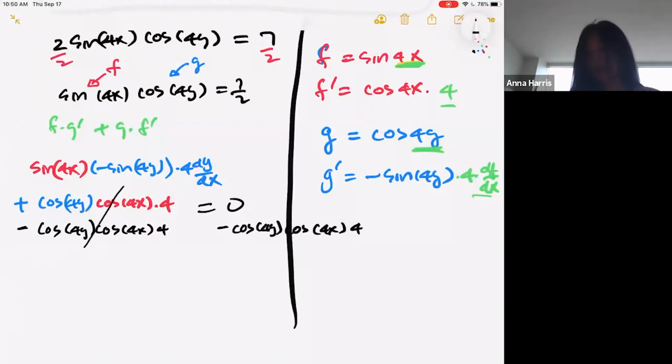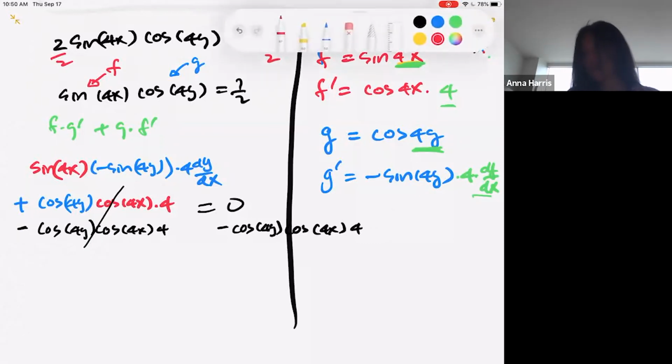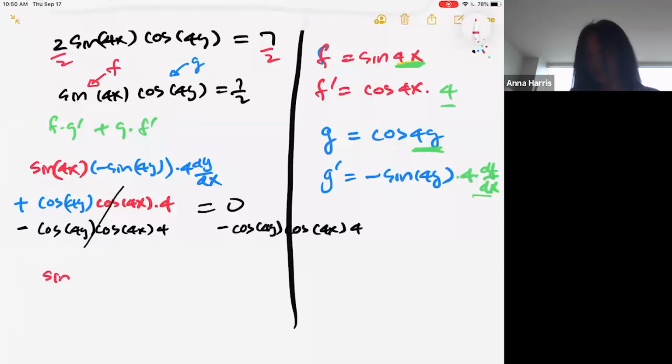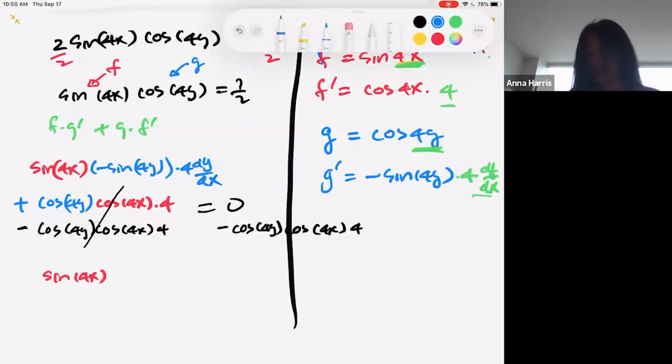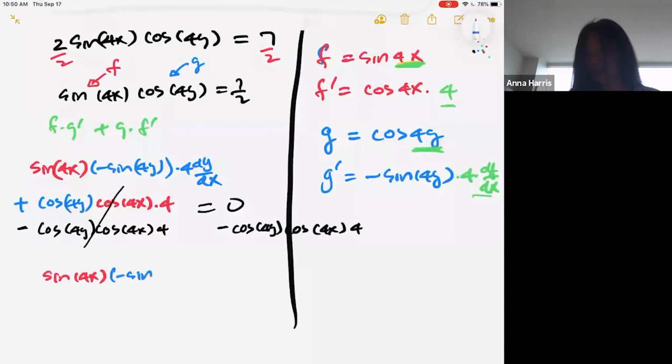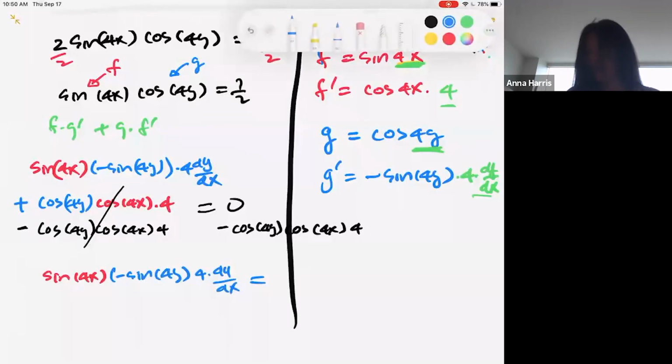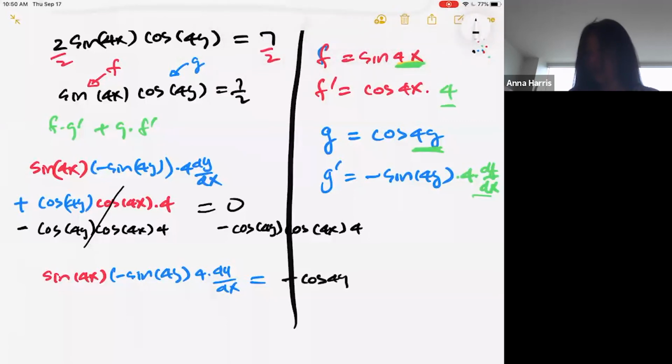So you know that cancels out. Now I have sine 4x, negative sine 4y, and 4 times dy dx is equal to simply negative cosine 4y, cosine 4x.